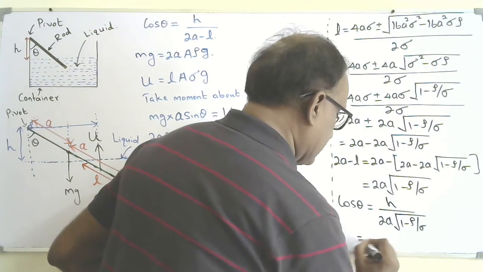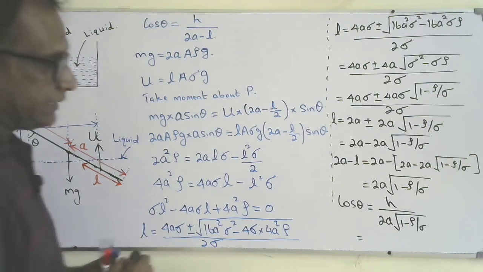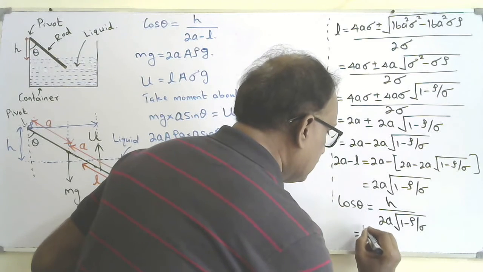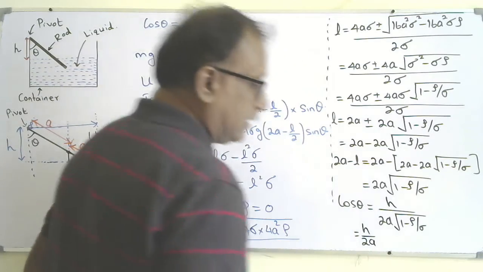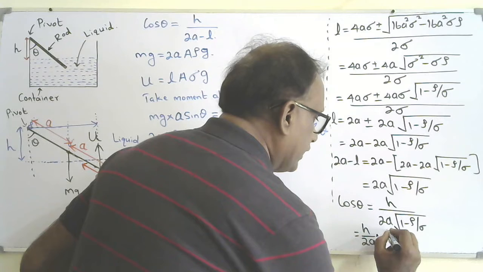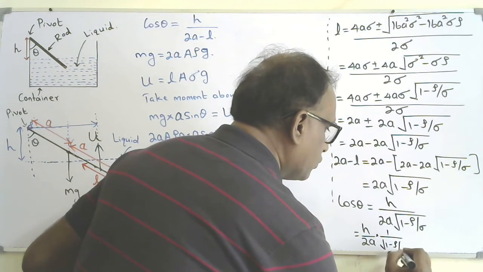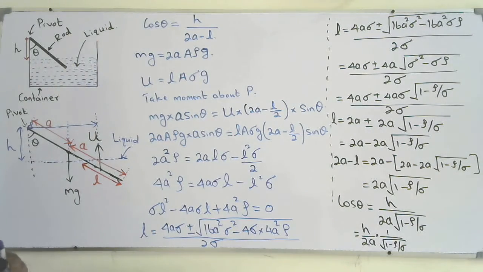This I can write mathematically. I can write cos theta equal to h over 2a times 1 over square root of 1 minus rho over sigma. That is cos theta. So finally, theta, you need to find it in terms of cos inverse.